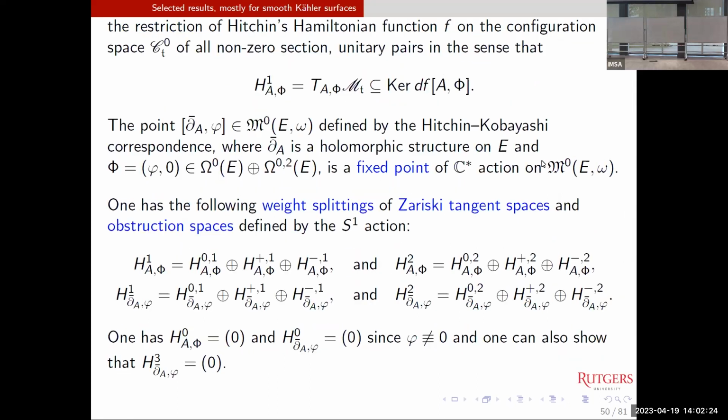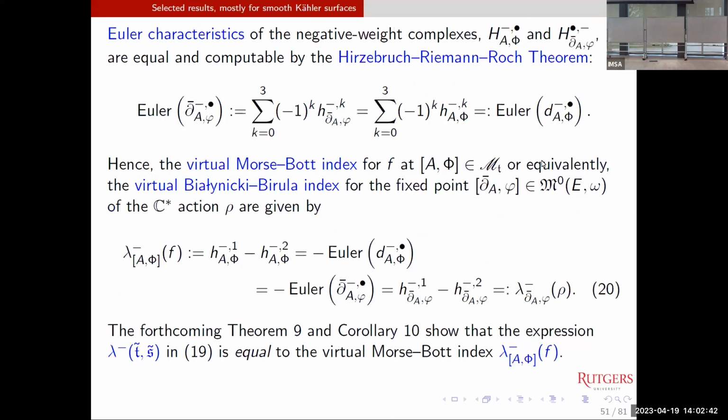So in doing these calculations, we translate from the B-theory setting to the setting of holomorphic pairs. And then by extending various calculations of the moduli spaces, that allows you to find a virtual Morse-Bott index in terms of the Euler characteristic of a certain complex that defines the variable holomorphic.